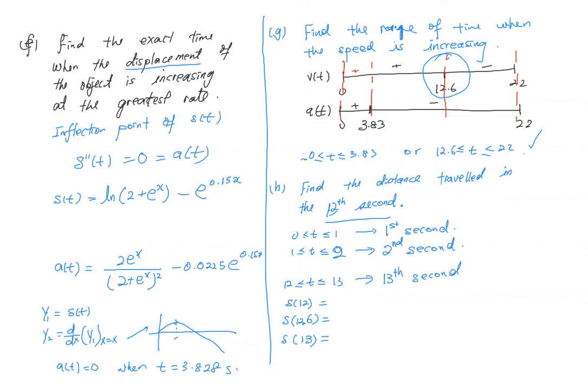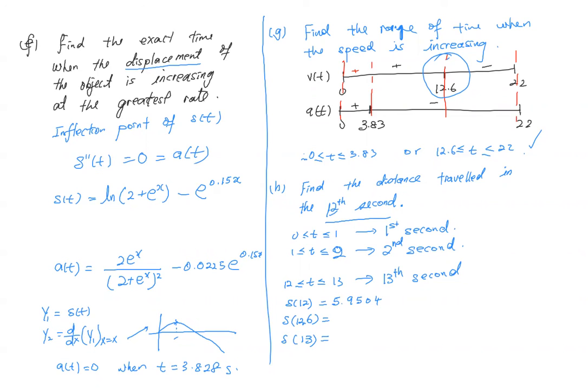Alpha trace. Put in 12. I got 5.9504. Okay, we try to be as accurate as possible. Then we put 12.6.